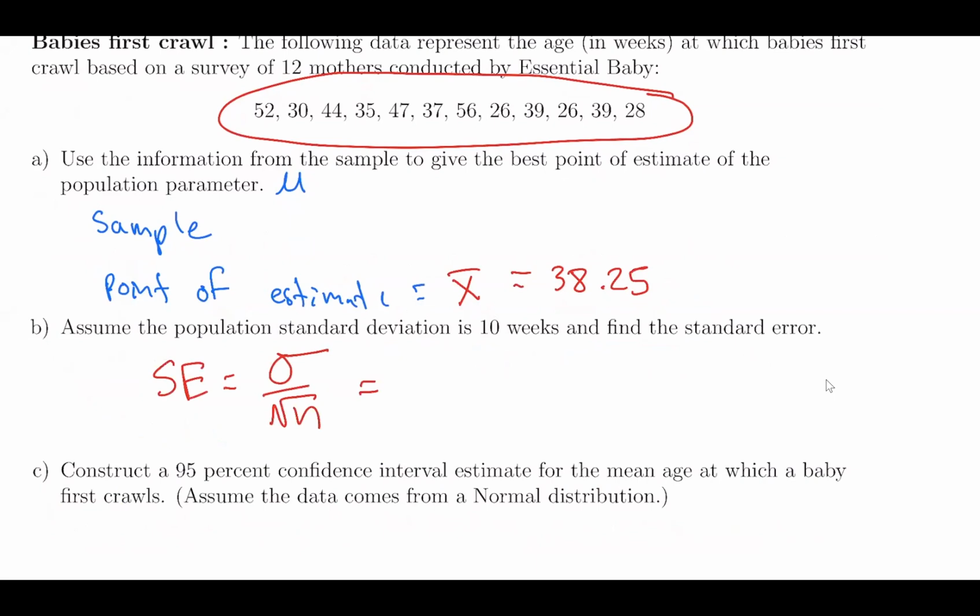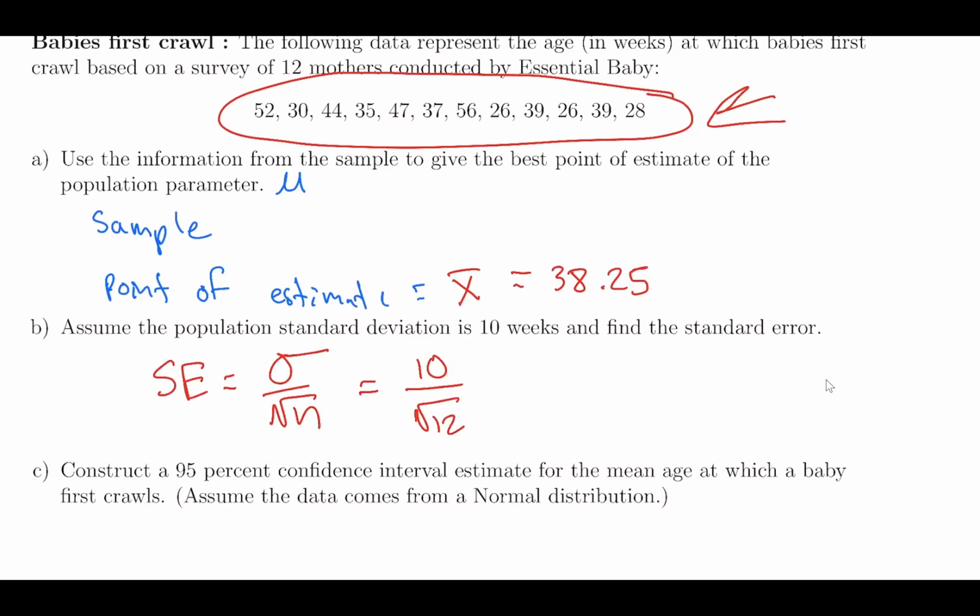They tell us sigma is equal to 10 and the sample size is 12. Remember, sample size is how many data values we have. If you count the numbers, it's 12. That's where the 12 comes from: how many babies we recorded data from.